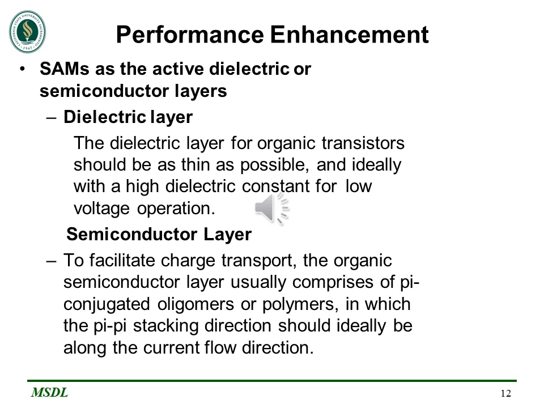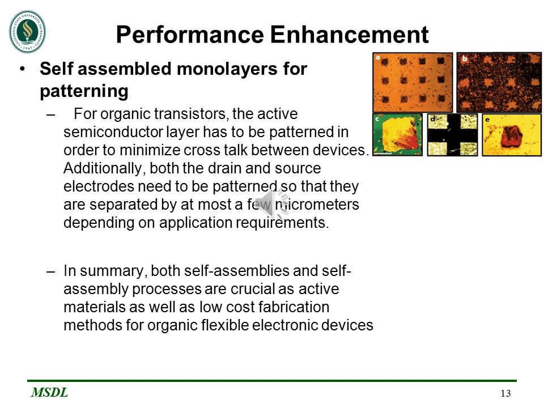These well-ordered molecular layers can be formed by a proper molecular design of chemical structures that favor crystallization in large order domains, or we can use self-assembly into mono and multi-layers. Using self-assembled multi and mono layers as a semiconductor layer, we can improve the charge transport of the organic transistors.